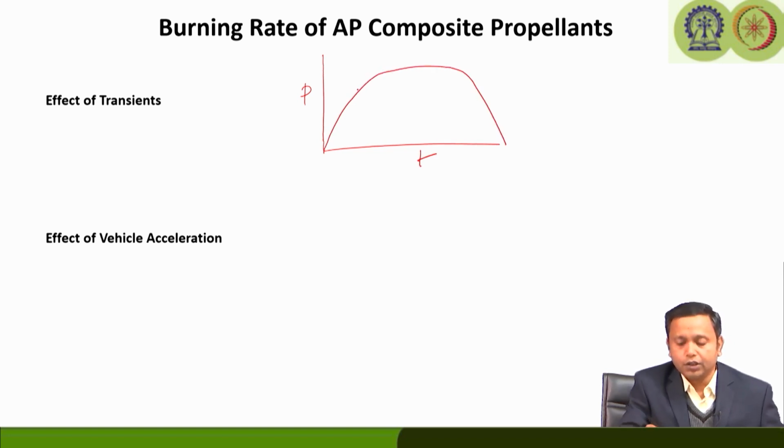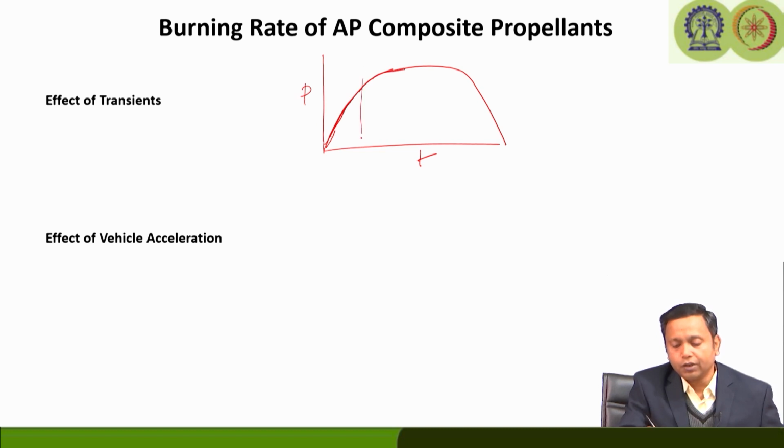During the ignition phase, the chamber pressure is going to increase; once the flame spreads, the port volume is going to fill up, and then it reaches the equilibrium pressure.